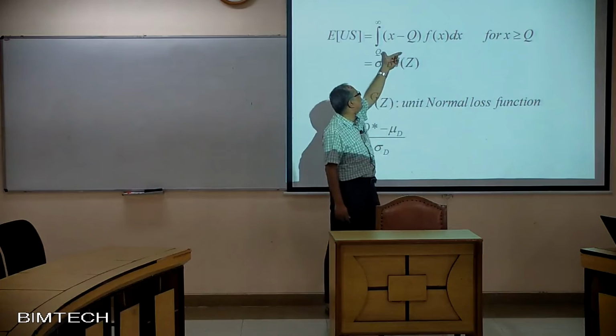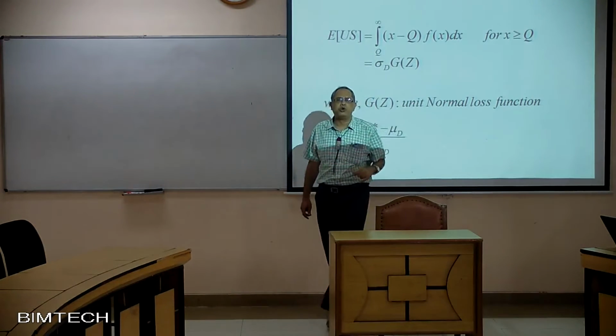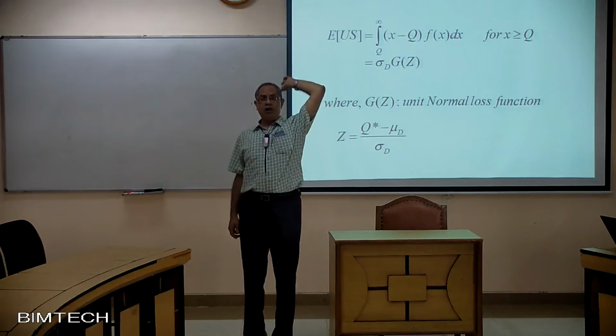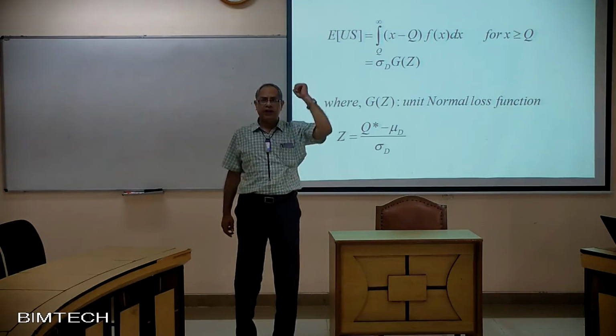So this is nothing but the number of units short multiplied by the probability of so many units being short, for the entire range of demand values from Q to infinity.